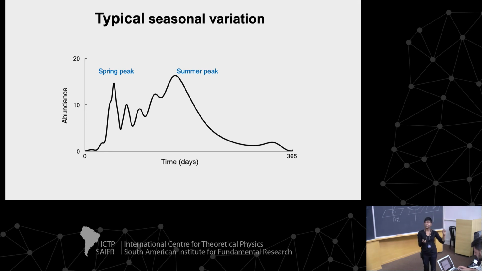We have just one species now. So here's the typical seasonal variation in this particular case for a Mediterranean type species, sort of temperate Mediterranean. It doesn't matter what this species is; what warming does to this basic pattern is what matters. In this case, you have a spring peak and a summer peak.